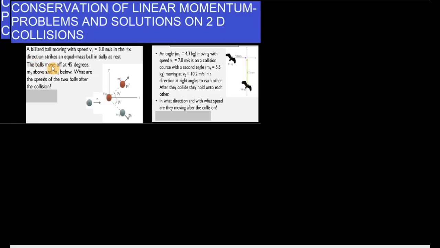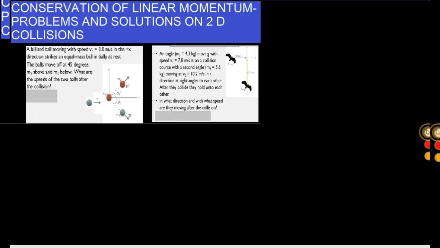The balls move off at 45 degrees, m2 above and m1 below. What are the speeds of the two balls after the collision?